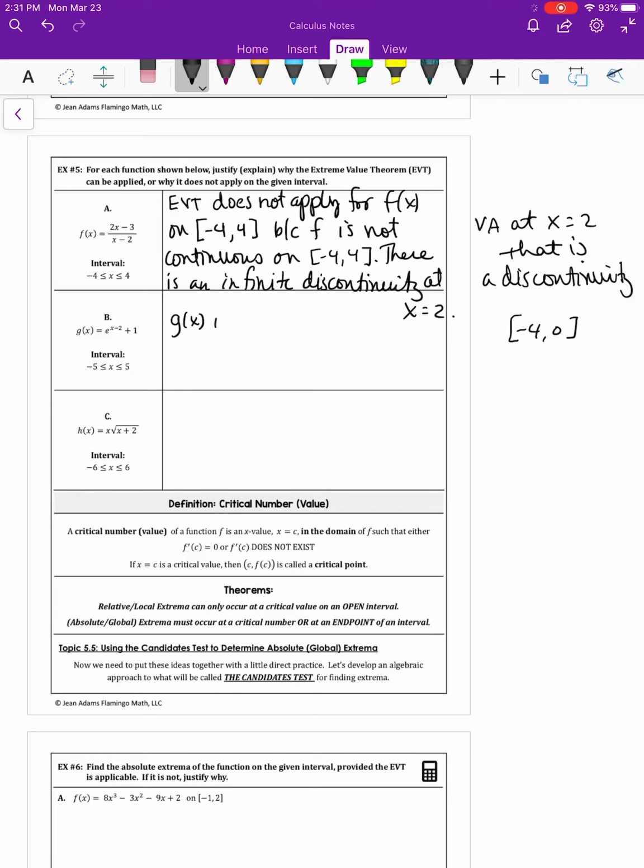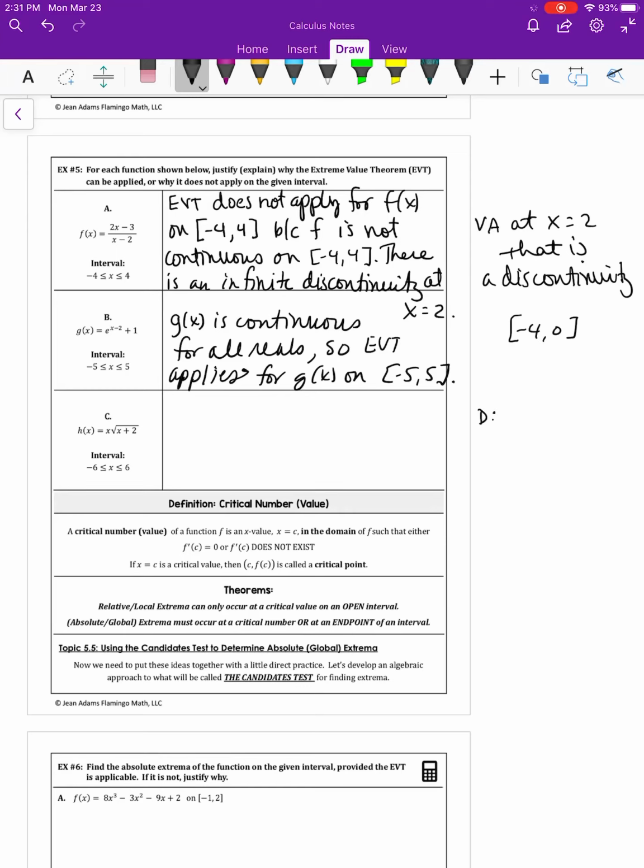So g of x is continuous for all reals. So the extreme value theorem applies for g of x on negative 5, 5. Okay?